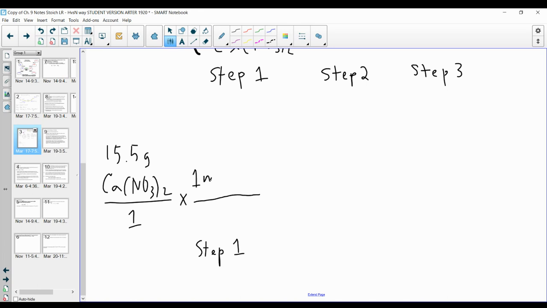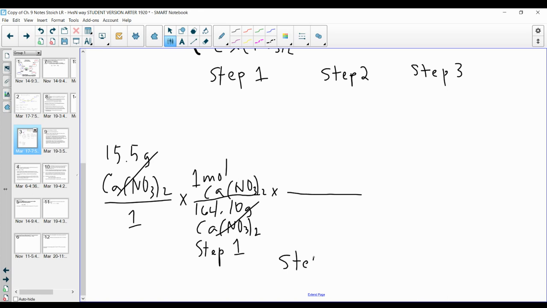So that means we're going to have 1 mole of calcium nitrate on the top, the same mass on the bottom, because we're still in calcium nitrate. So we need to just cancel out the same units with the grams, with the mass of calcium nitrate. Again, I have to see those units being canceled.